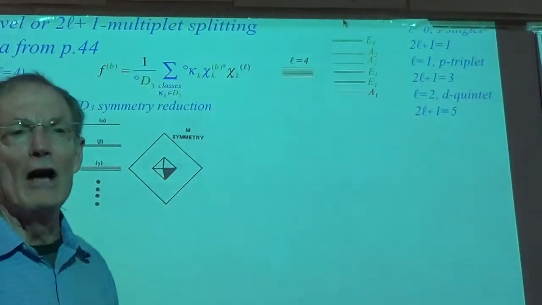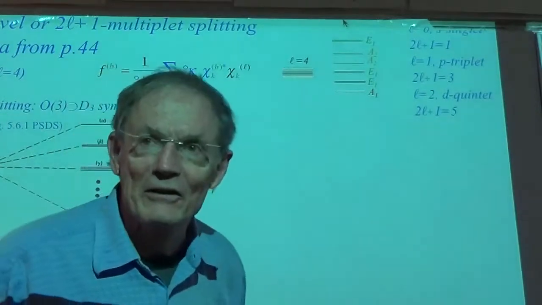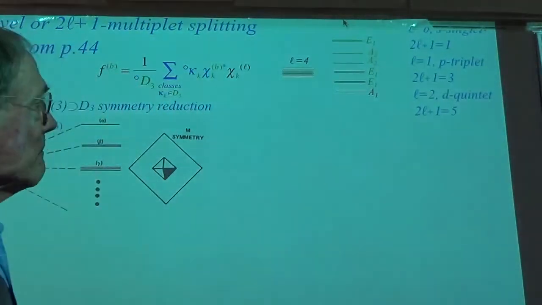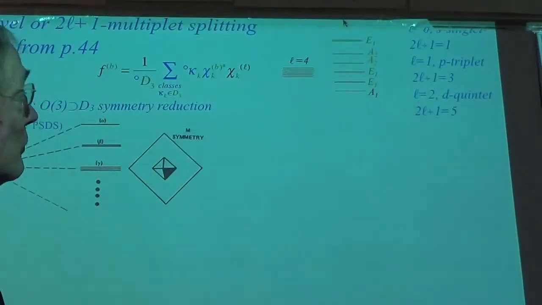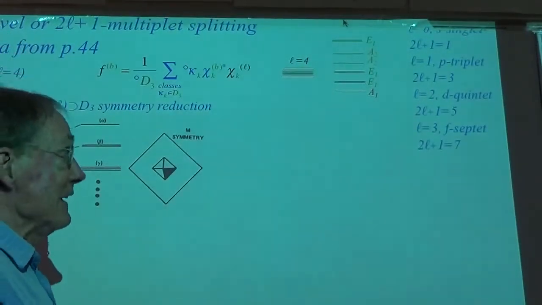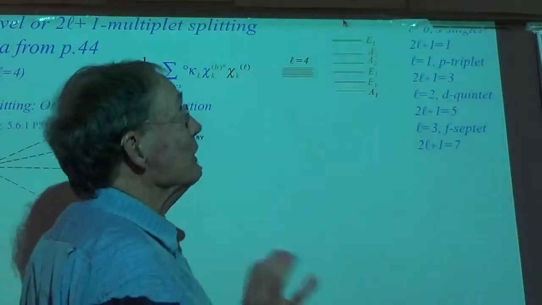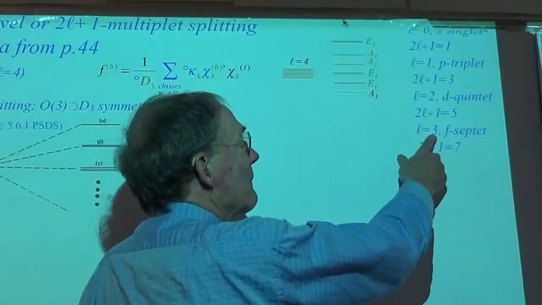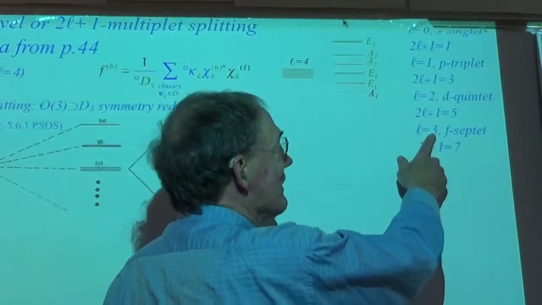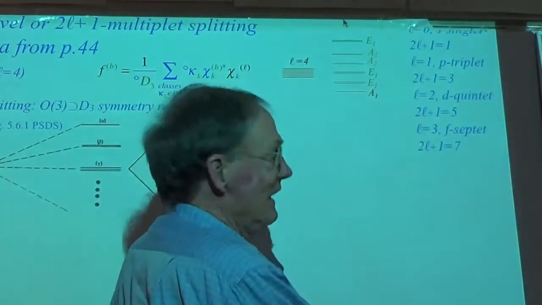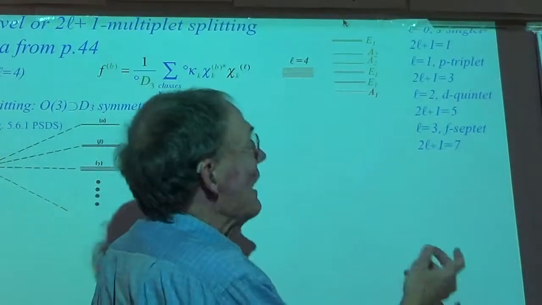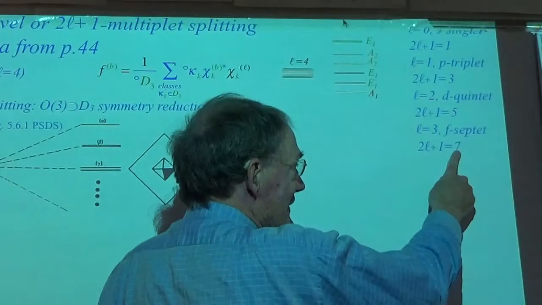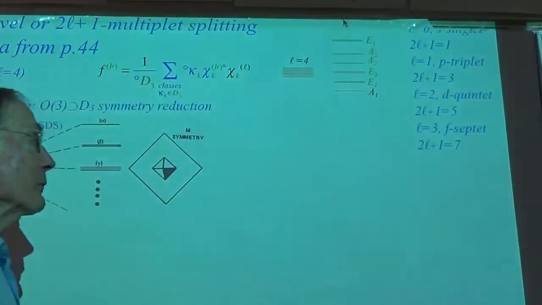It goes back to Fraunhofer, before they even knew it was making these lines. Okay? So that's a quintet. They didn't know that, but we do. Then L equal 3: these were really hard to see, these lines in the particular spectrum of hydrogen. F stands for fine, but what we know now is that each of those levels has a degeneracy of 7. 2L plus 1, 2 times 3 plus 1.